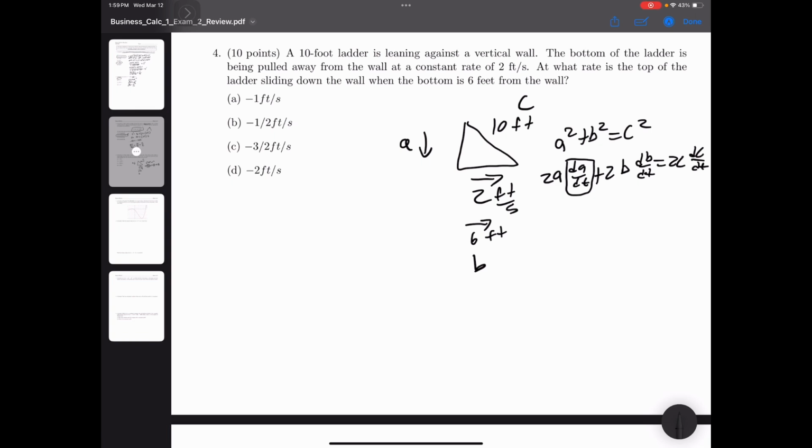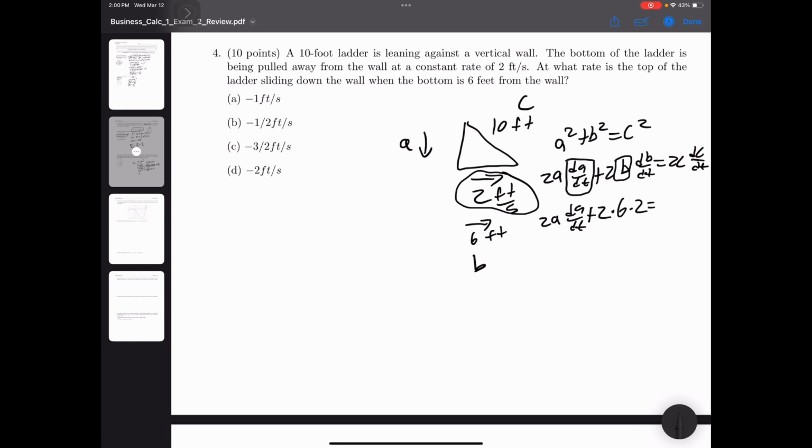We do have B. We know we're looking at B exactly when we're 6 feet away. And so we have 2a dA/dt plus 2. In fact, we have B and dB/dt, right? We're sliding away at a rate of 2 feet per second. So this is times 6 times 2 equals.